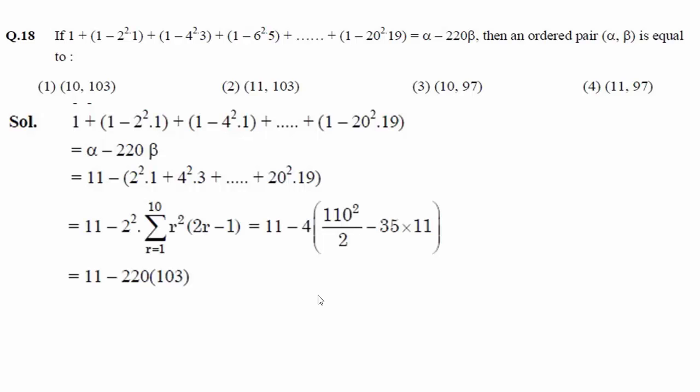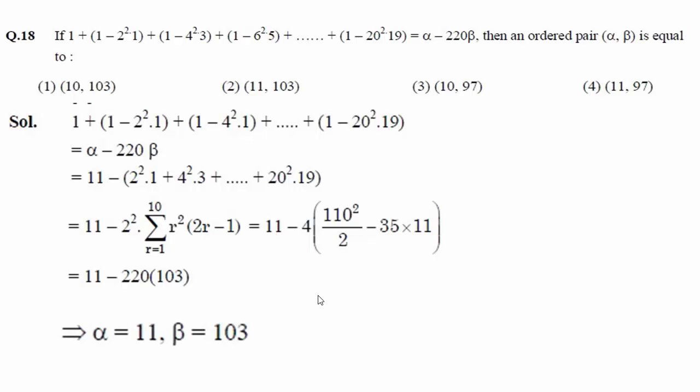This is equal to 11 square minus 2 square into summation r equal to 1 to 10 of r square into 2r minus 1, which is equal to 11 minus 4 into 110 square by 2 minus 35 into 11, that is equal to 11 minus 120 into 13.